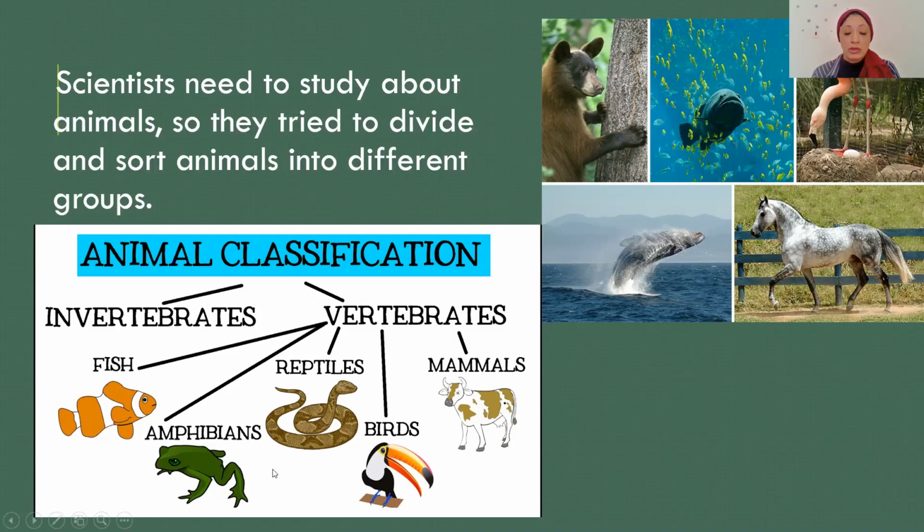Amphibians are another group of animals that start their life in water, but when they become adult, they live on land. Reptiles are a group of animals that are covered with scaly skin, and they lay eggs.